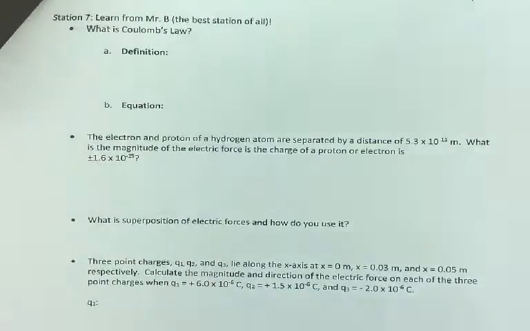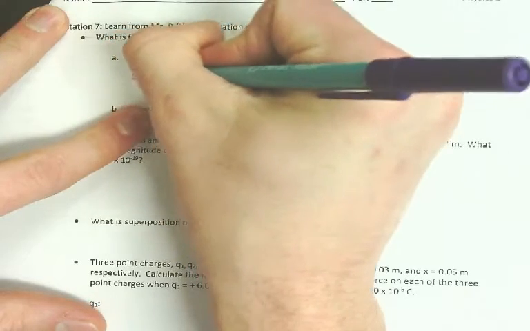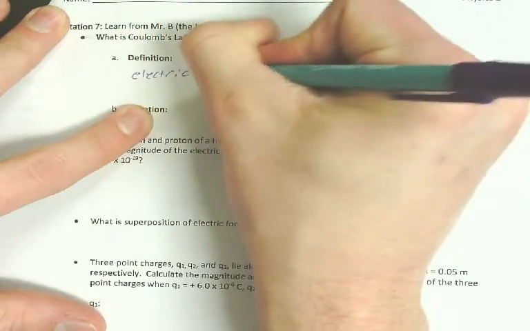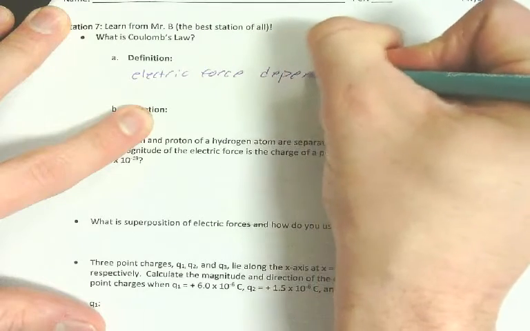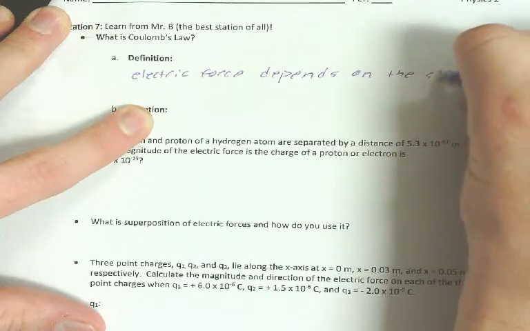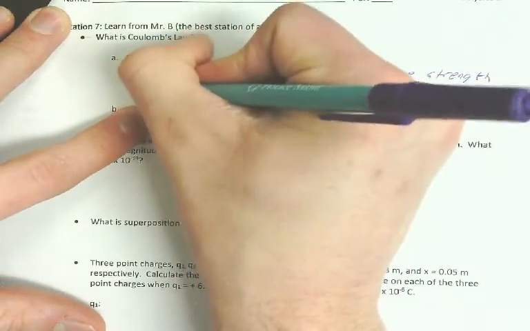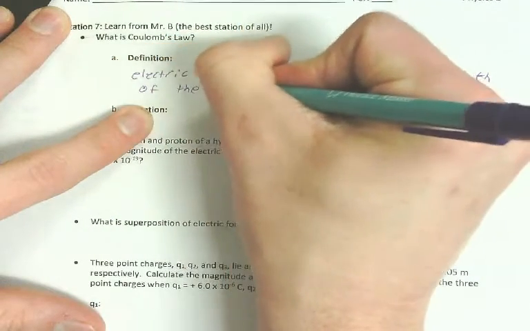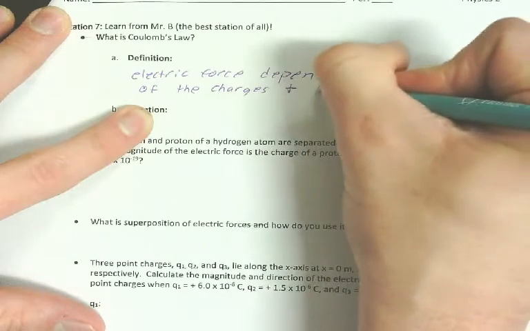All right. Coulomb's law. The definition of Coulomb's law is electric force depends on the strength of the charges and the distance between them.